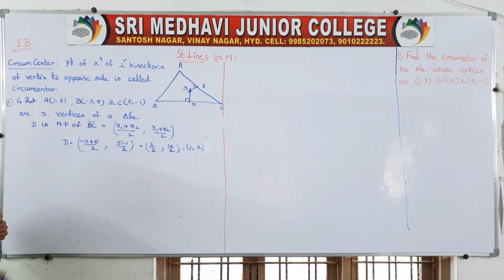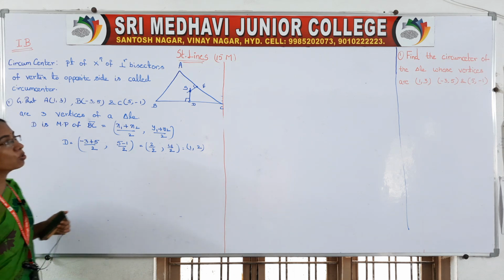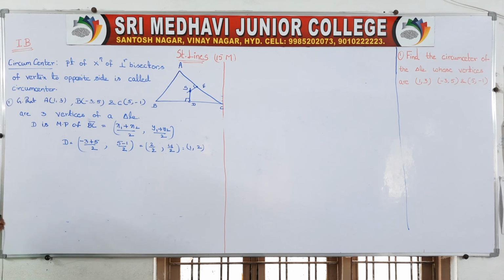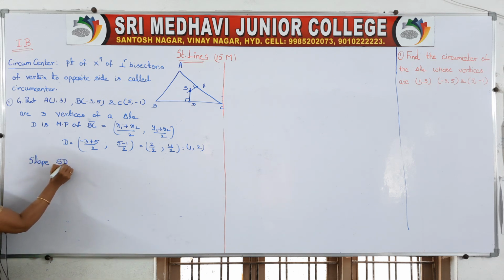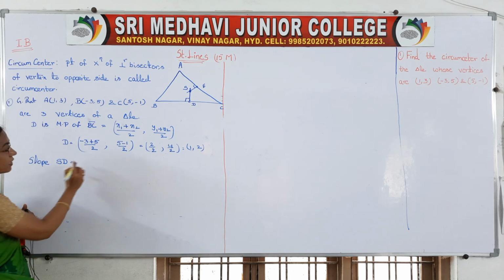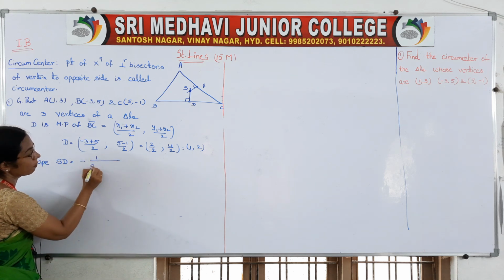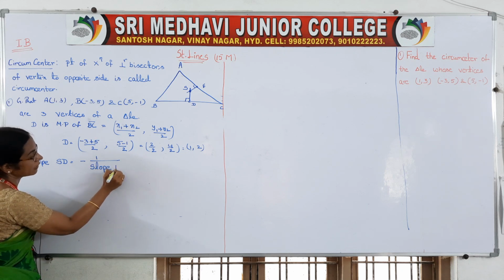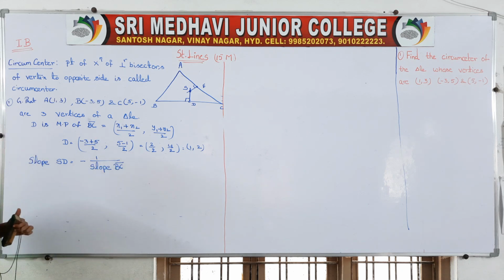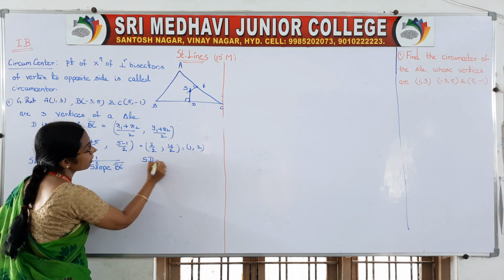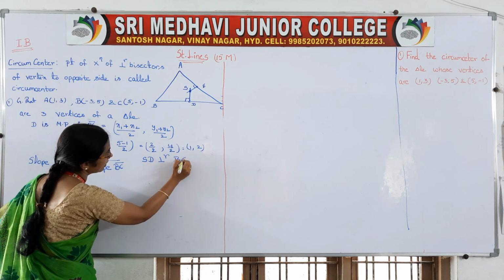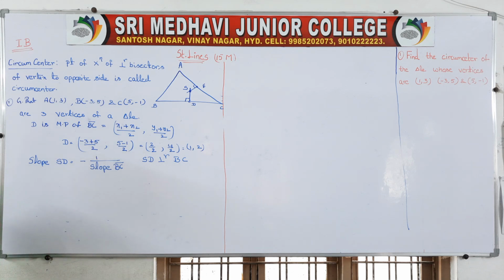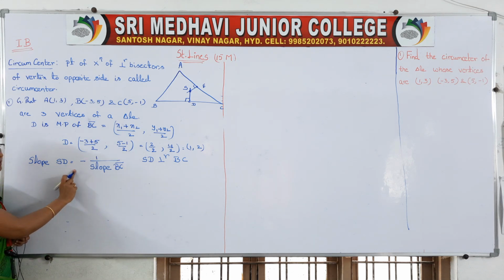So to write the SD line equation, we want one point and the slope. How will we get this slope? Slope of SD I want. Can I write the slope of SD as minus 1 by the slope of BC? Definitely we can. Why? SD is perpendicular to BC. If two lines are perpendicular, the slope of one line is equal to minus 1 by the slope of the other line.